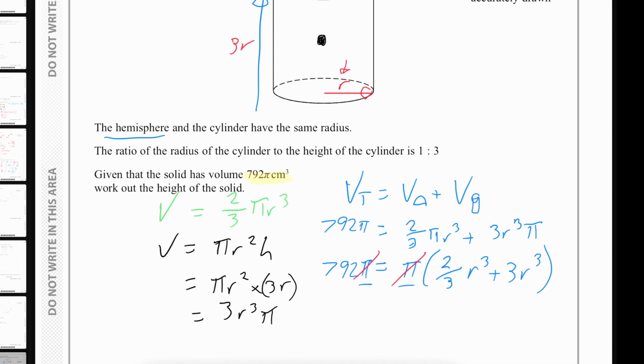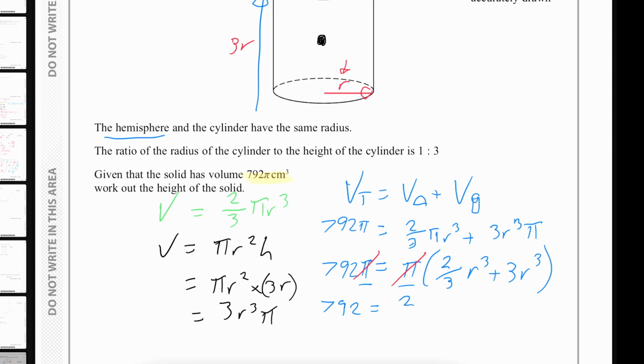I can divide both sides by pi, so it just cancels out. So I've got 792 equals the rest, which I'm also going to simplify now at the same time.